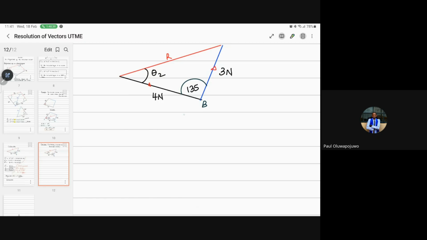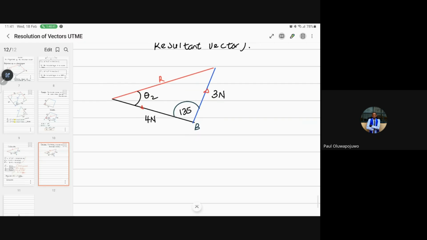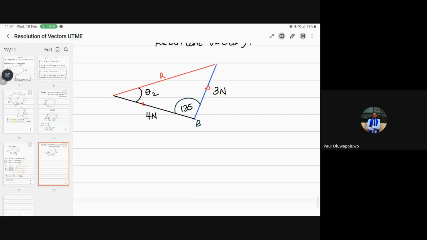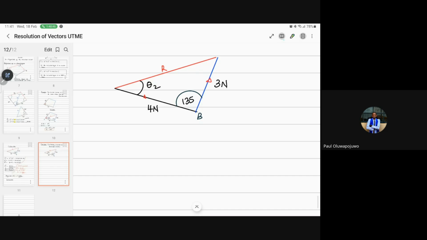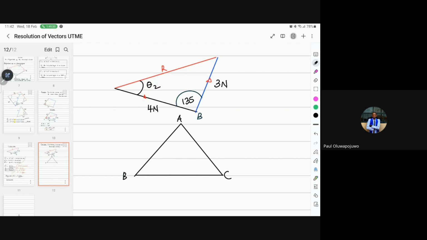Sine rule says that if I have a triangle with angles A, B, and C, you have an angle here, here, and here. The side facing C is small c, the side facing A is small a, and this side is small b.